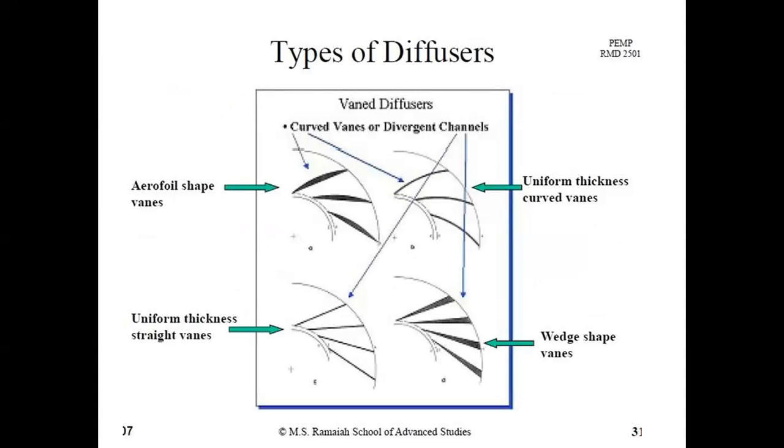Types of diffuser. Vane diffuser, curved vane or divergent channel, aerofoil shape vane, uniform thickness curved vane, wedge shaped vane, uniform thickness straight vane.